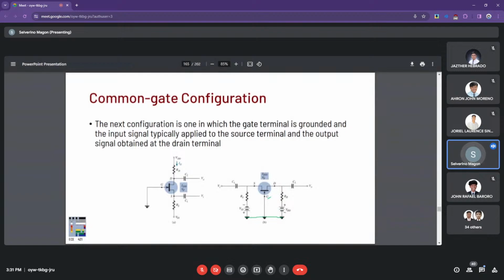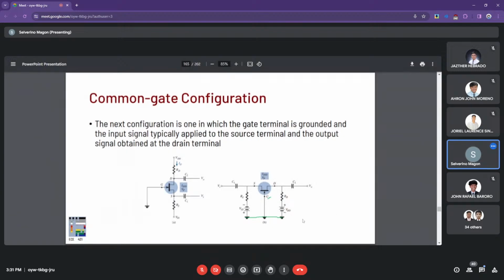So we apply the input through our source right here. You see the source network right here. The input loop is through VI through the RS and your supply, while the VO loop is from the VDD and then the RD going to VO right there.